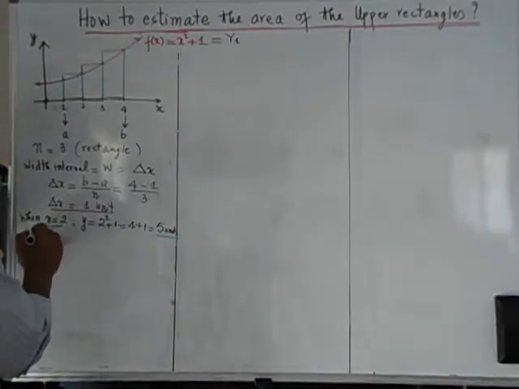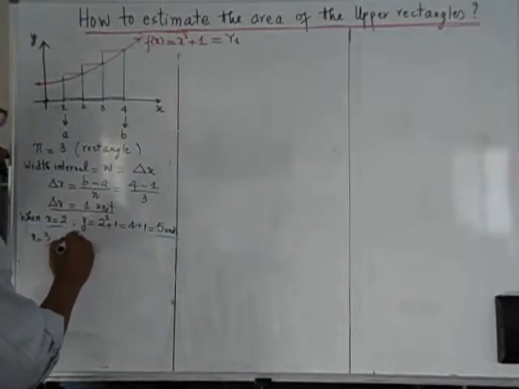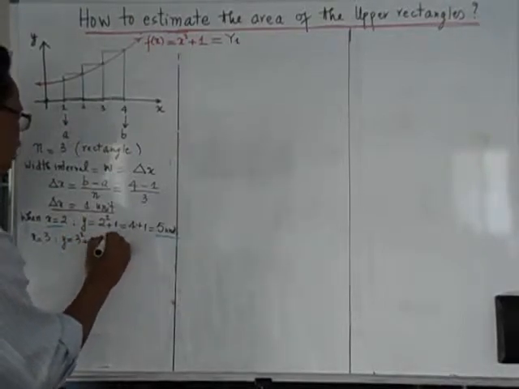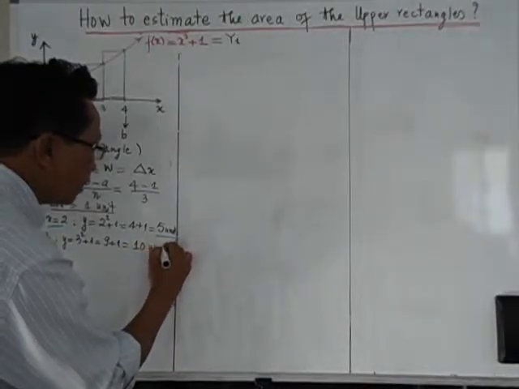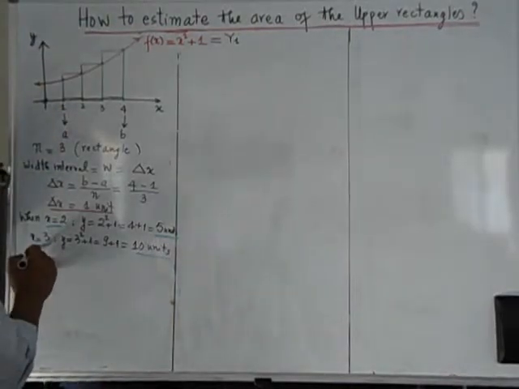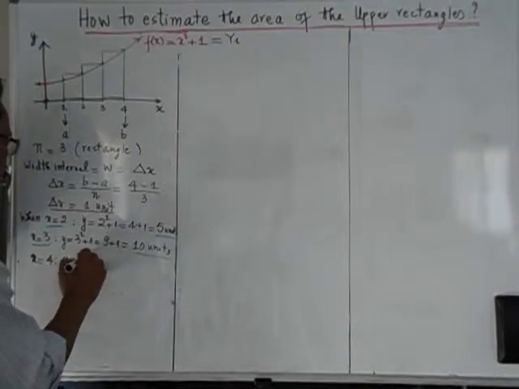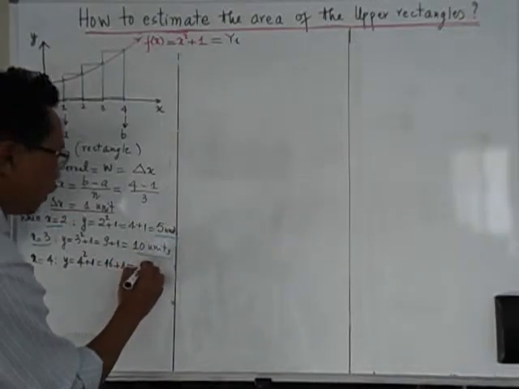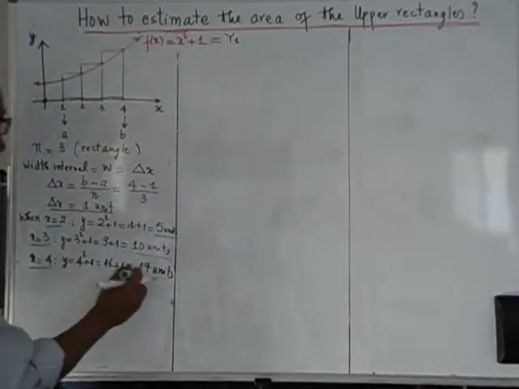Similarly, when x equals 3, y equals 3 power 2 plus 1, 9 plus 1 equals 10 units in length. When x equals 4, y equals 4 power 2 plus 1, 16 plus 1 gives us 17 units in length.